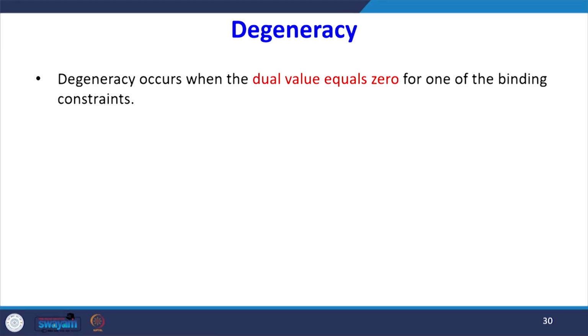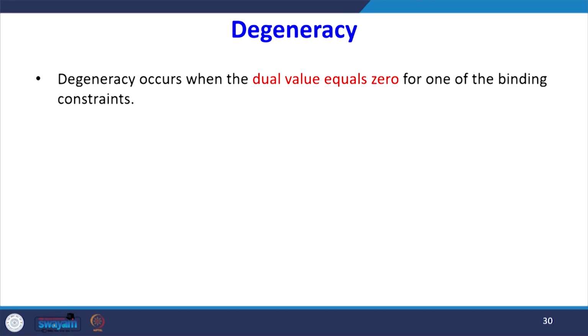The next term is degeneracy. What is degeneracy? Degeneracy occurs when the dual value equals 0 for one of the binding constraints. Generally, if the constraint is binding, adding any resources should increase your objective function value, so there should be a positive dual value.